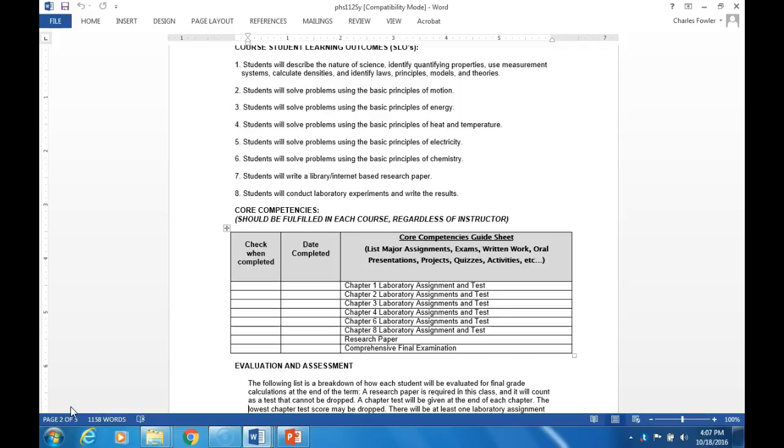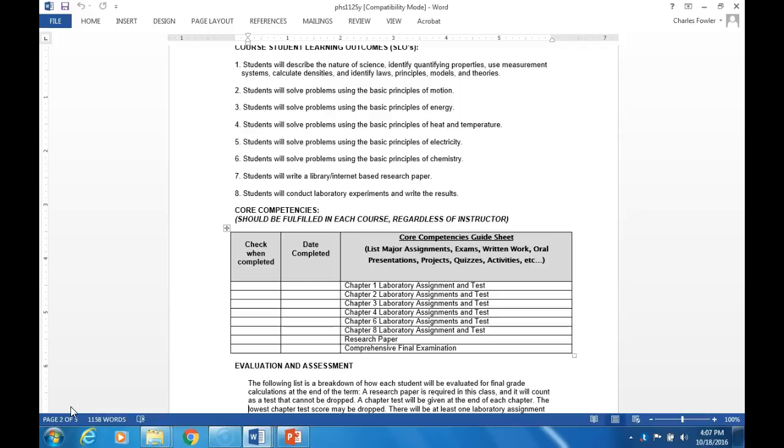Okay. Students will solve problems using the basic principles of electricity. It should be electricity and magnetism. Guess what? That's Chapter 6. We skipped Chapter 5. Chapter 5 is wave motion and sound. And when I've taught the course before, we don't have time to cover everything, and I thought electricity and magnetism more important for most of you probably than wave motion and sound.